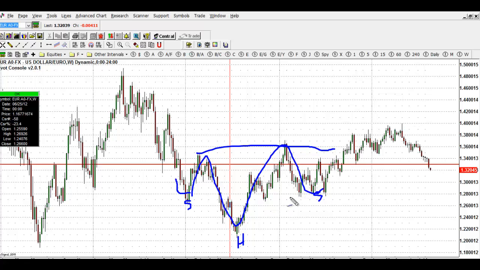Sometimes when you do have a head and shoulders pattern, the market then retraces to either the 618 retracement level or the 786 retracement level. This is not confirmed yet, but this is what could be happening on the weekly time frame. So we'll just have to look out for evidence of that.